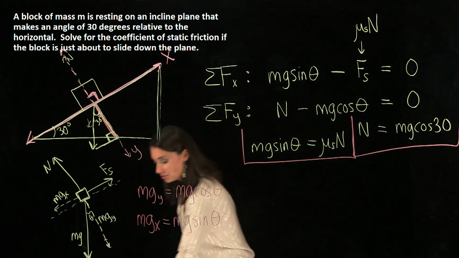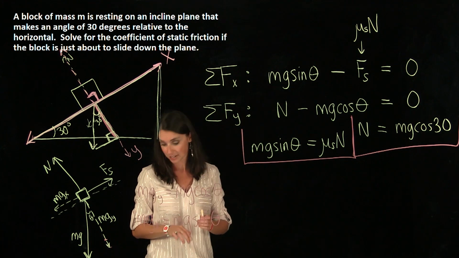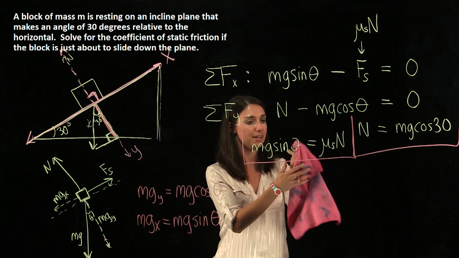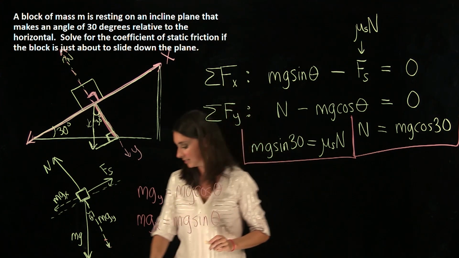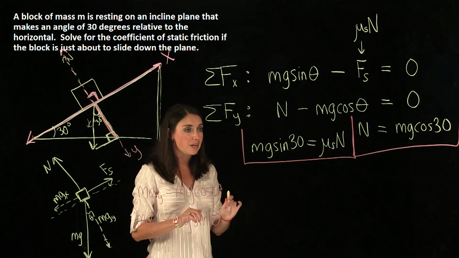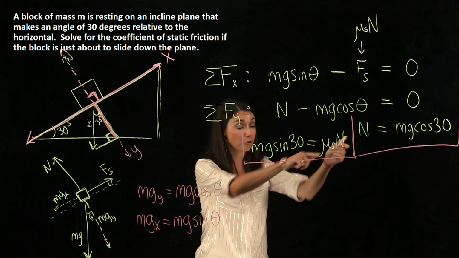And if we look at those two equations for a second, you'll see that the variables are all very similar. In fact, we already said our theta was 30, so I can go ahead and add that in. That's our one known number. They both have m, they both have g, they both have to do with the angle of 30, and they both have normal force in them.